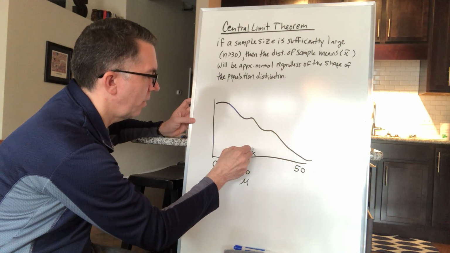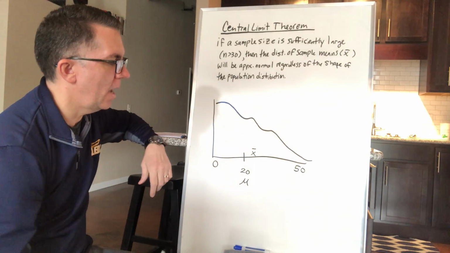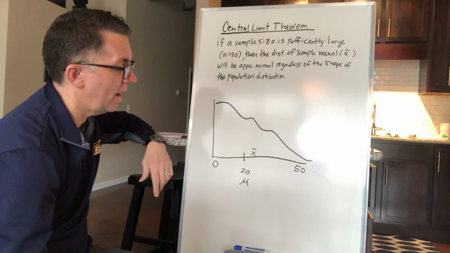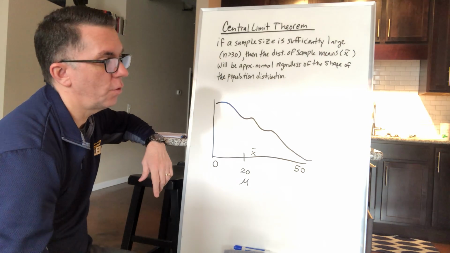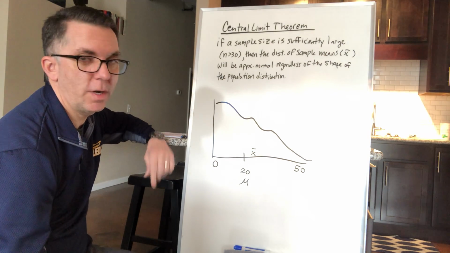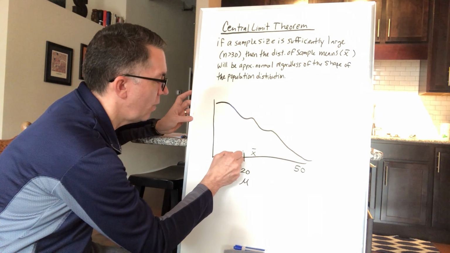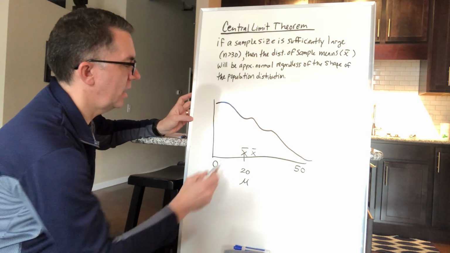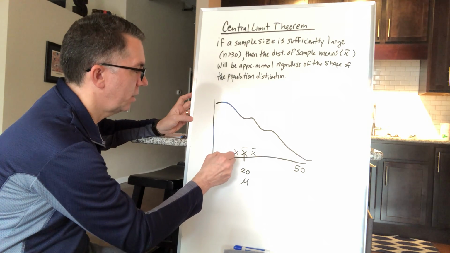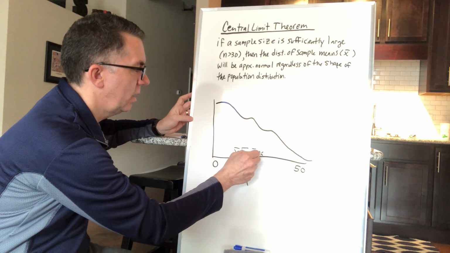We'll call that X bar because that represents a mean. Then another year, we have a 10-year-old coin and a 30-year-old coin. So 10 plus 30 is 40, divided by 2 is 20, and that mean would be right there. If I start doing these samples of size 2, I'm going to get a nice variable distribution.